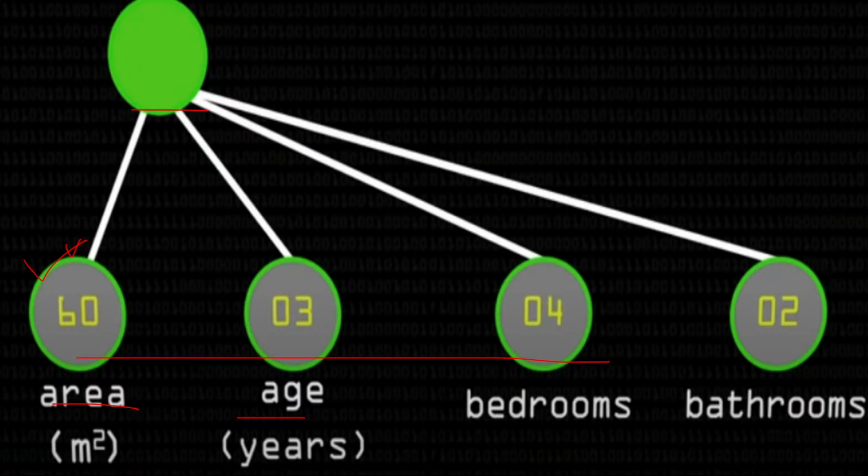And as it gets older and older, let's say 10 years, 20 years, 30 years, the price slowly starts to go down. Then after a certain point, let's say the house becomes 100 years old, what is strange about this fact?